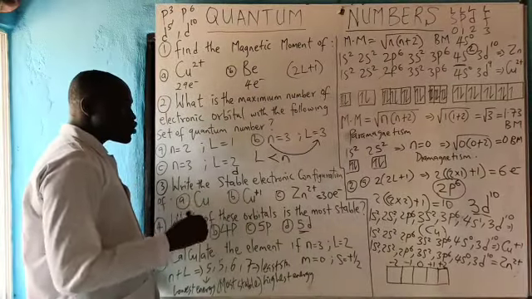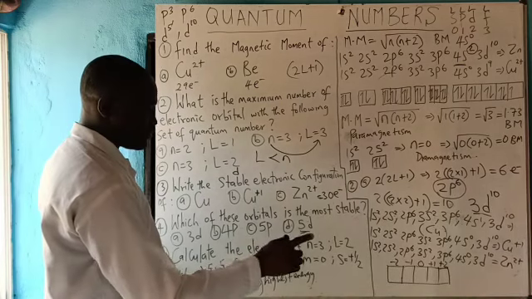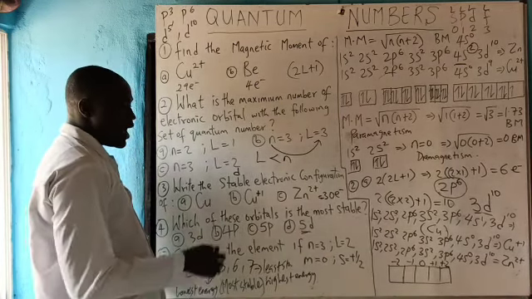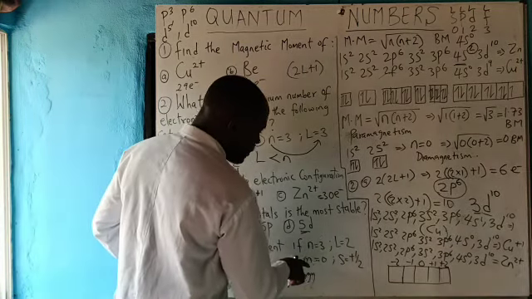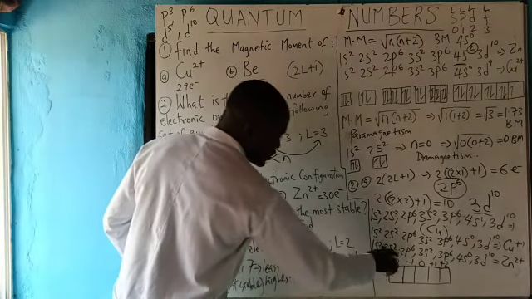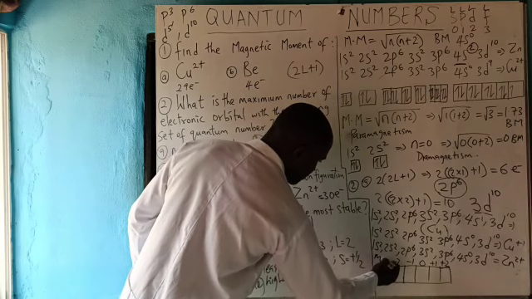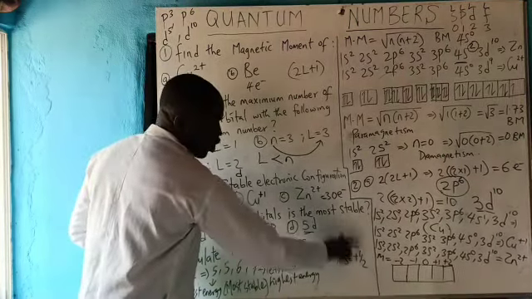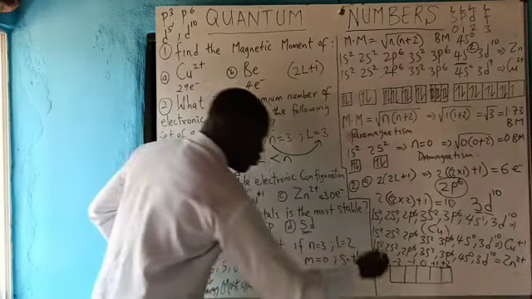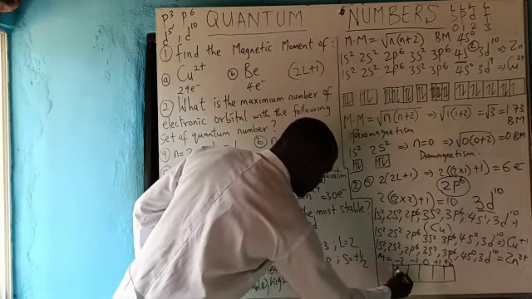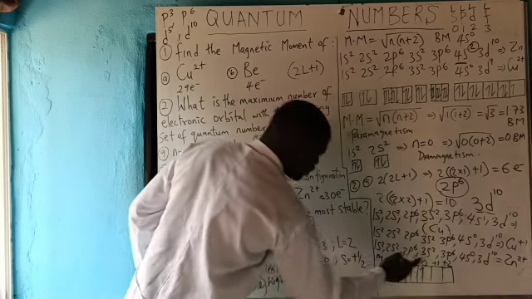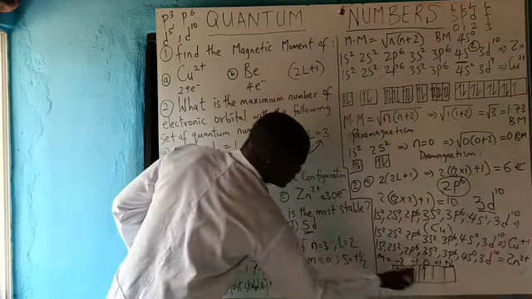Now, electrons will be entering singly first before pairing. And it has to stop at M equal to 0 in the clockwise direction. Watch it. Singly, singly, singly. This is M equals 0, and this is the clockwise direction.